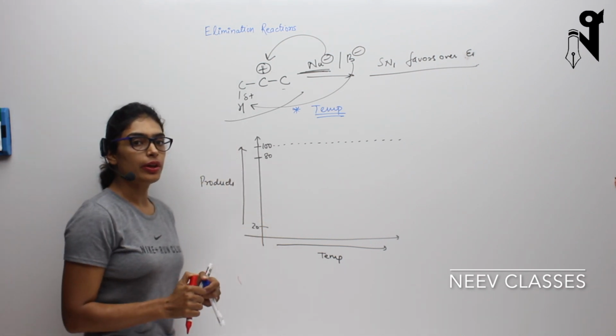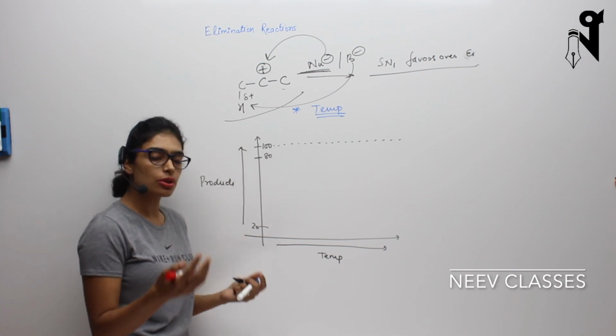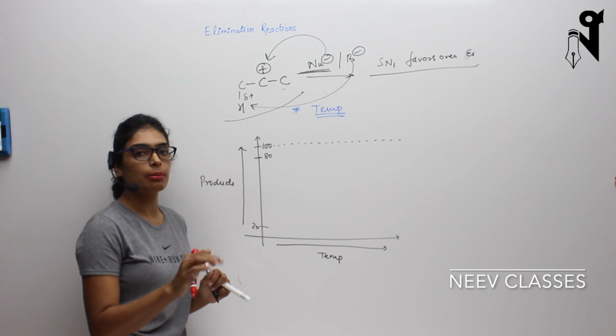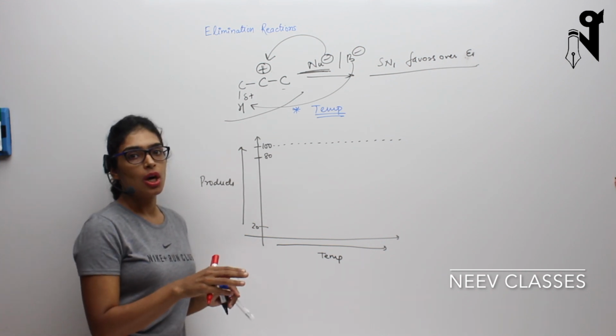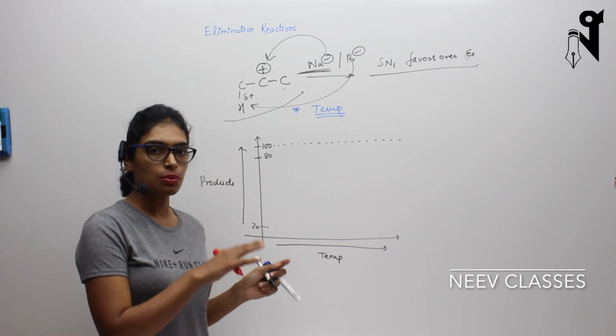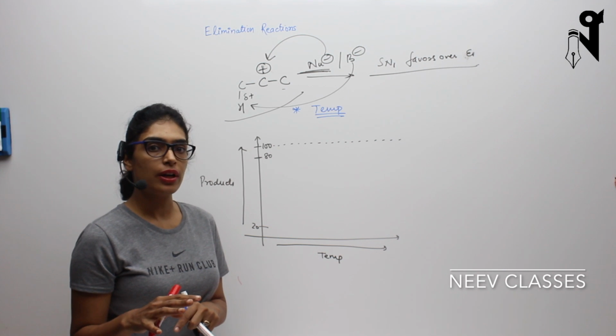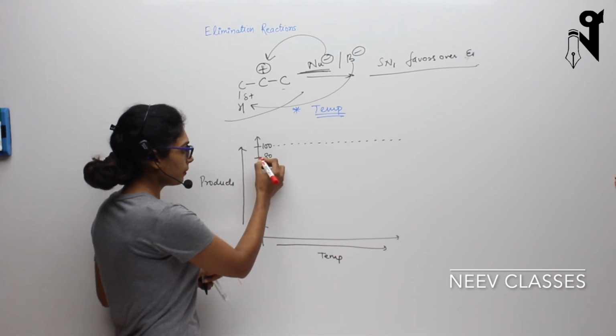SN1 is favored by low temperatures. Substitution in general is favored by low temperatures, and elimination is favored by high temperatures. So when the temperature increases, the percentage of substitution products will decrease automatically, whereas the percentage of elimination products will increase.